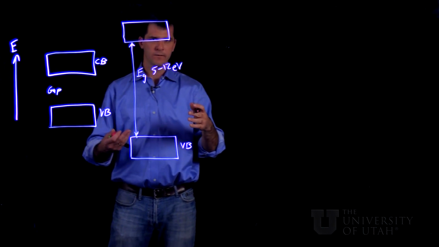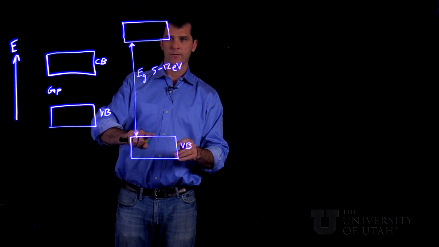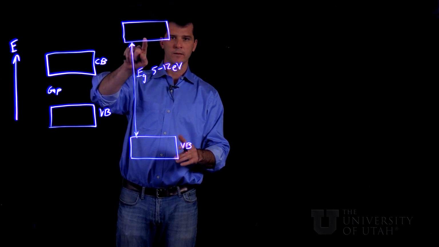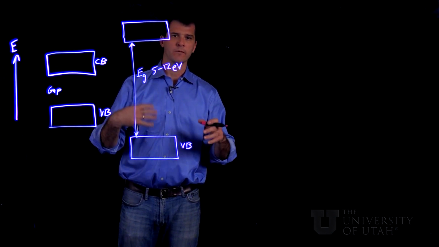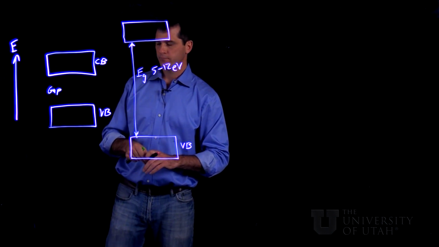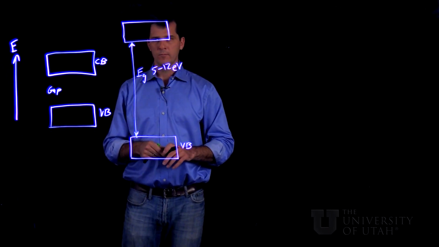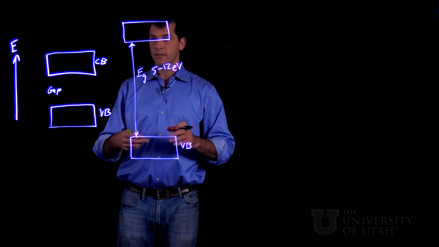And what this means effectively is that there's no way for thermal excitations to jump electrons across this energy gap, except at temperatures of thousands of degrees Celsius. So they're no good for making traditional electronics.